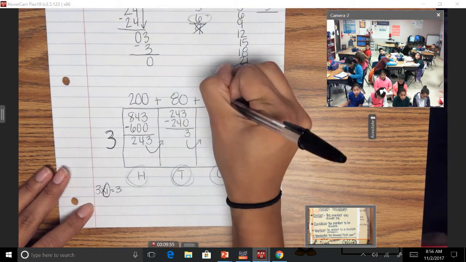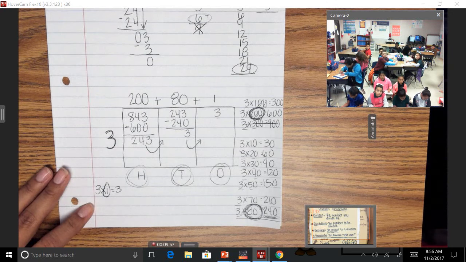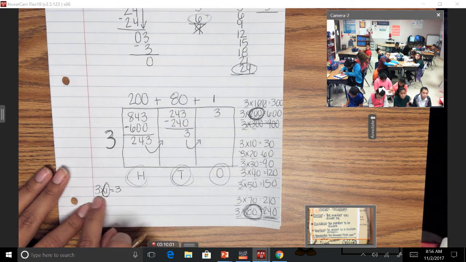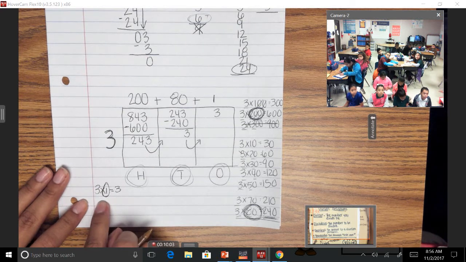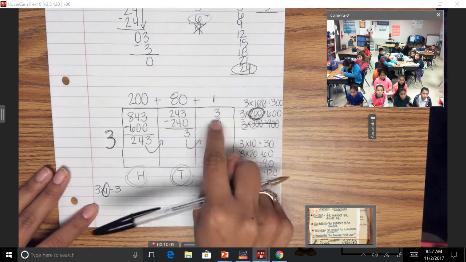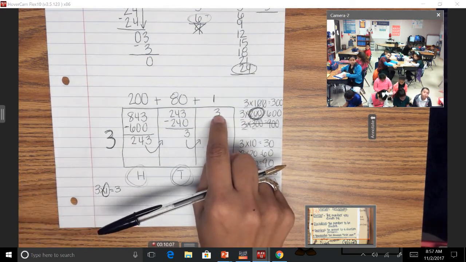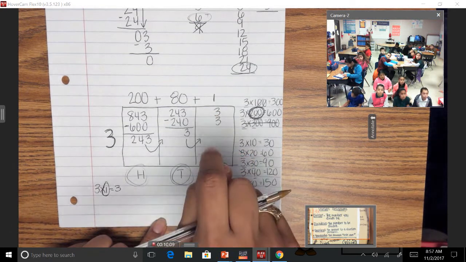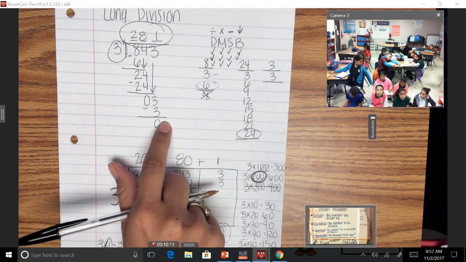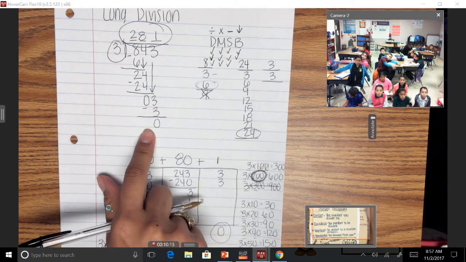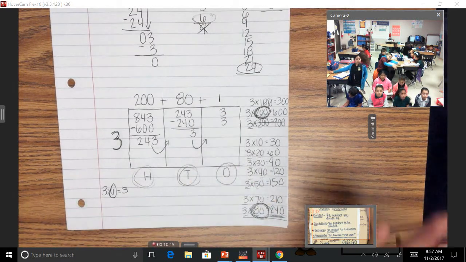So what did we have to multiply it with? 1. So you put your 1 up here. What was your answer to 3 times 1? 3. So you do 3 here. Because if you leave this 3 here, I'm thinking that you still need to divide this. You always must have a 0 like you do here. You have to show me that you have nothing left to divide.